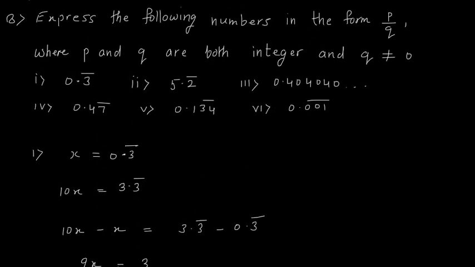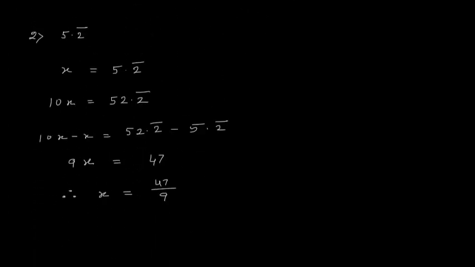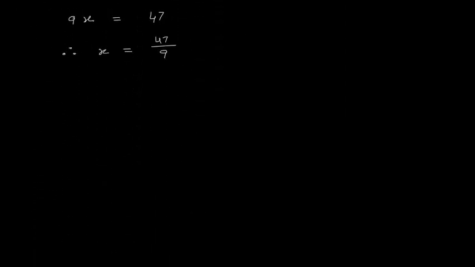Okay. Now, third question is 0.404040. Okay. Third question. 0.404040 and so on. So I say x is equals to 0.404040 dot dot dot. That means we can write this as 0.40 bar.